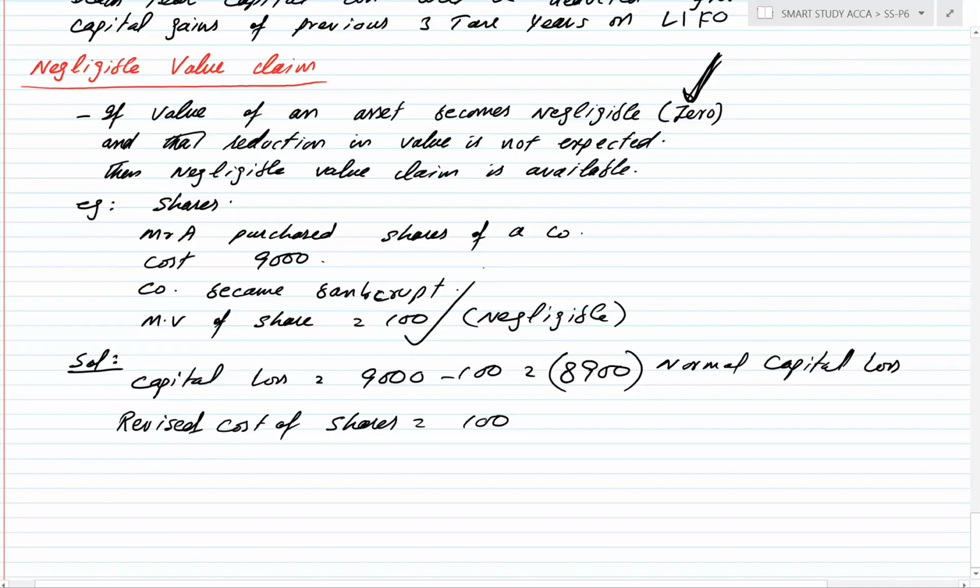So whenever we sell these shares in the future, the cost will be considered as £100 because we have already claimed the remaining amount of capital loss. But please remember, this claim is only available when the value of an asset has reduced to 0. Students, is there any question?